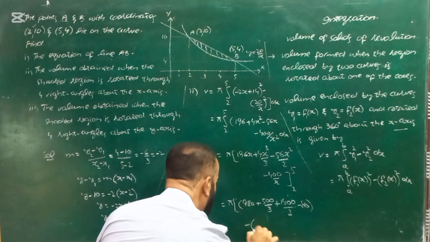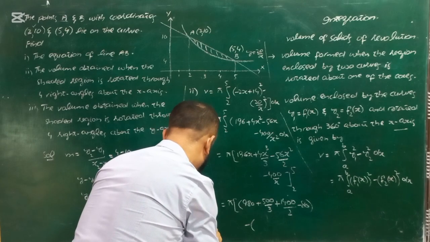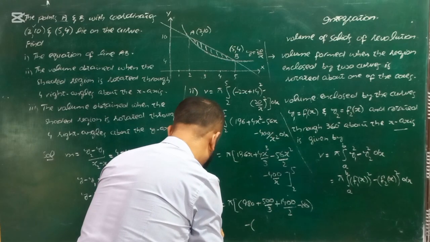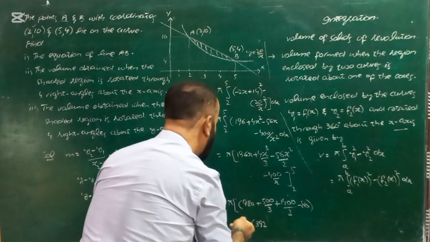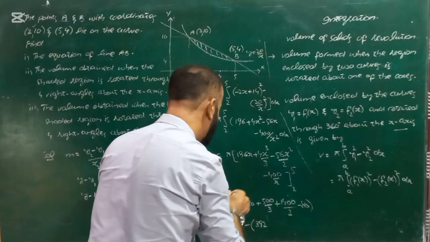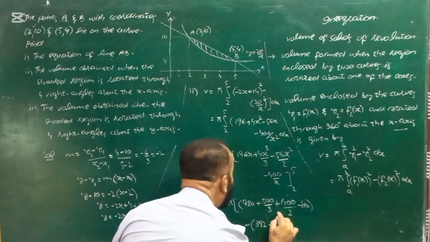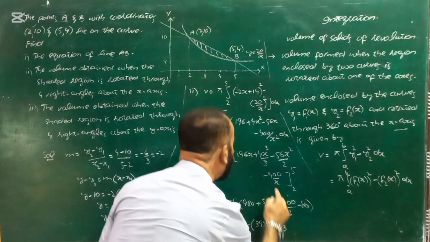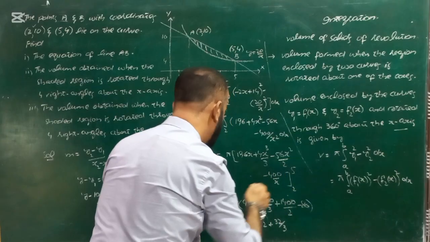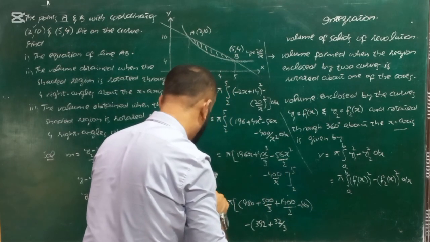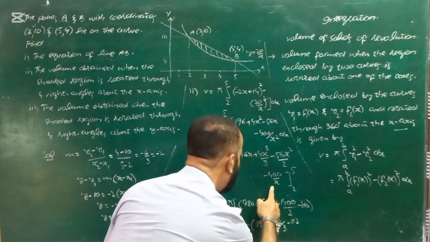Minus, now 2 will be applied, so 196 into 2, 392, minus 8 into 4, 8 fours are 32 over 3, plus 32 over 3, 4 into 56, 2, 56 into 2, 112, and here will be minus 200.